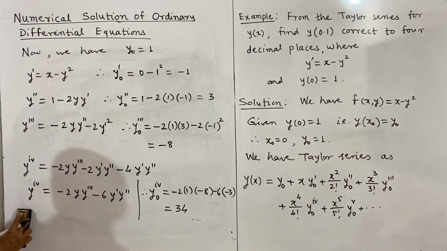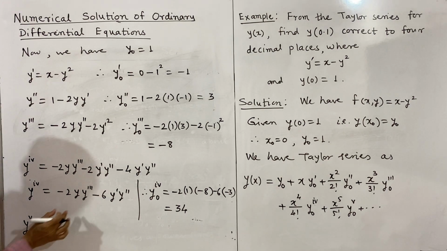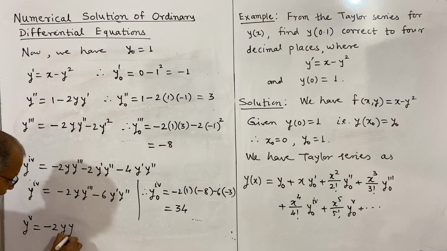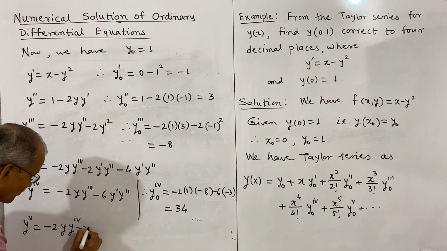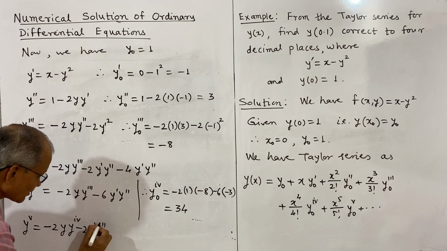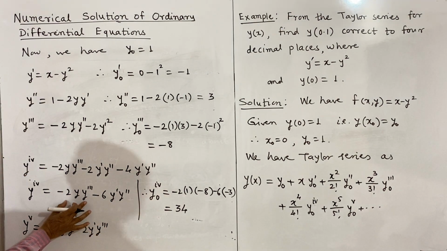And now the fifth order derivative of this, that is minus 2, use the product rule. So y, the fourth order derivative of y, and again minus 2 y dash, the derivative of the first, the second as it is. So this much is the derivative of the first term.